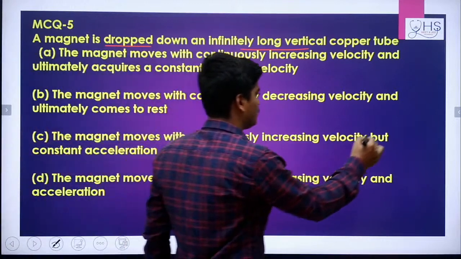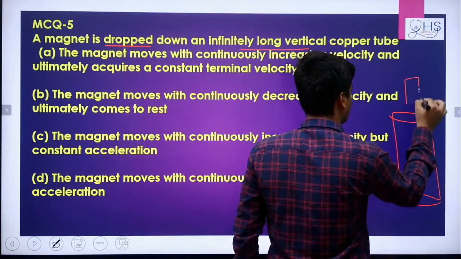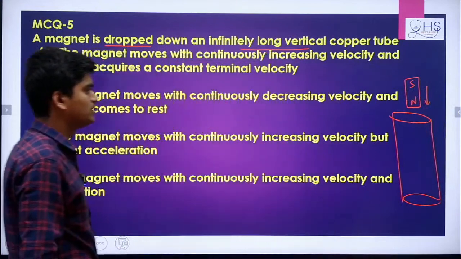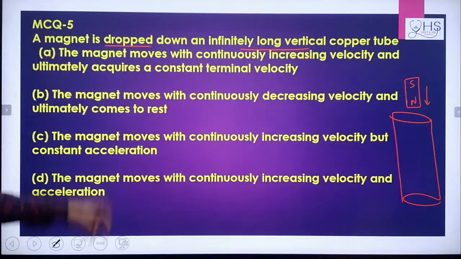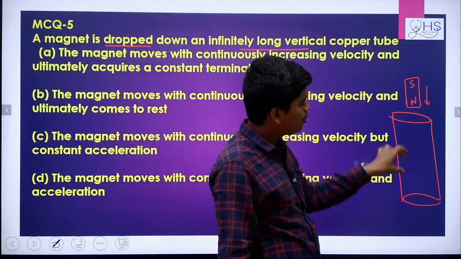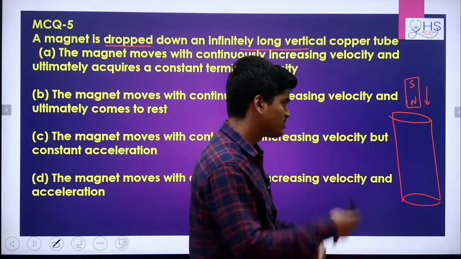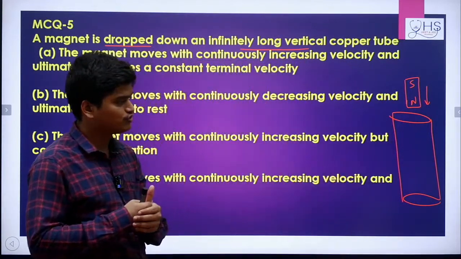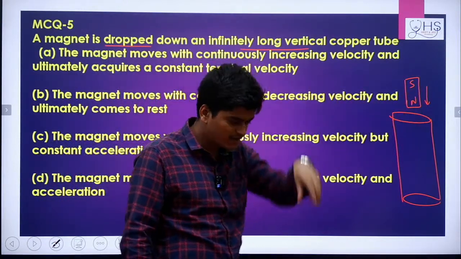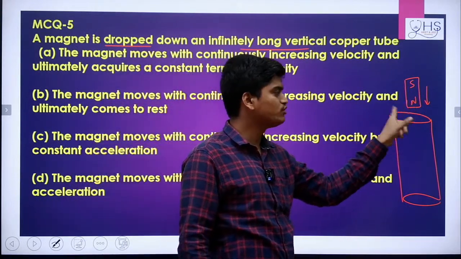If a vertical copper tube is there and a north-south magnet is dropped, it will first move with some speed, but as it goes there will be flux change inside the tube. Due to that, some induced EMF or induced current will be produced, and that will try to oppose the falling, because the current is induced by the magnet falling.